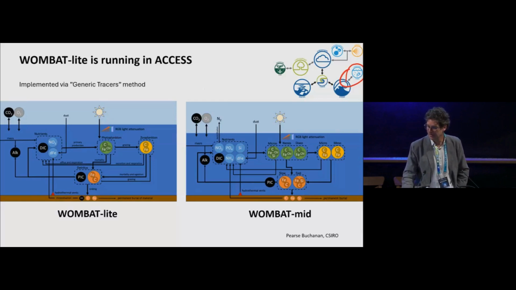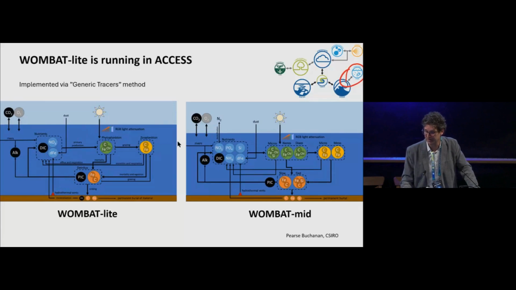And so we need a good way of estimating ocean biogeochemistry if we're going to get that bit right. So the Australian biogeochemistry model is called WOMBAT, and WOMBAT's undergoing some significant renovations thanks to Pierce Buchanan's work. And we have a different way of incorporating WOMBAT into the ACCESS framework, which we're building at the moment, and is pretty much built. So in the future, there's going to be, well, there is already, 2 versions of WOMBAT.